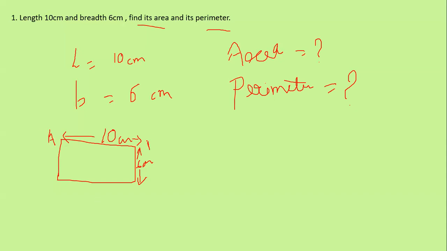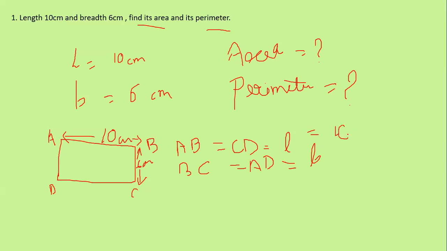If I mark the vertices as A, B, C, D, then AB is equal to CD, and BC is equal to AD. So both are L and both are B, that is, 10 and 6.